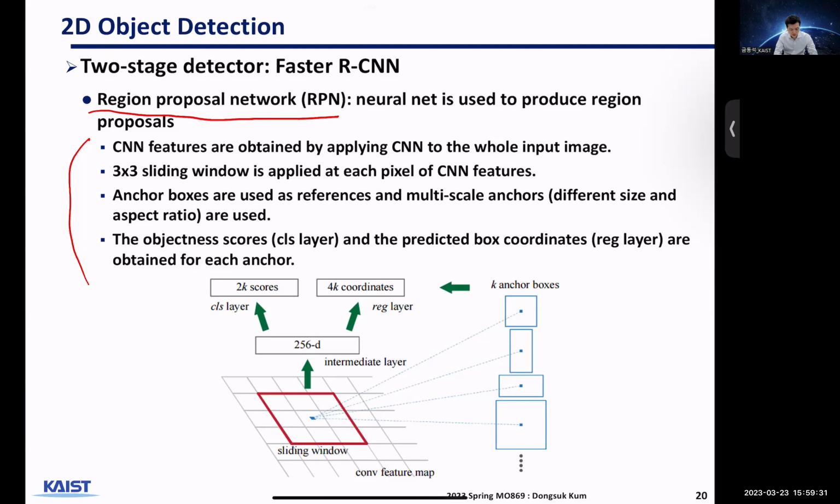Because now you're putting the whole image into the CNN network, it had a problem in localizing the task. So what they introduced was anchor boxes.